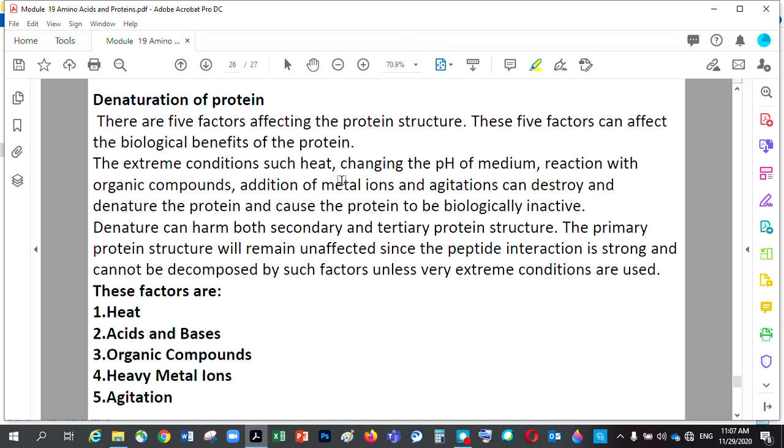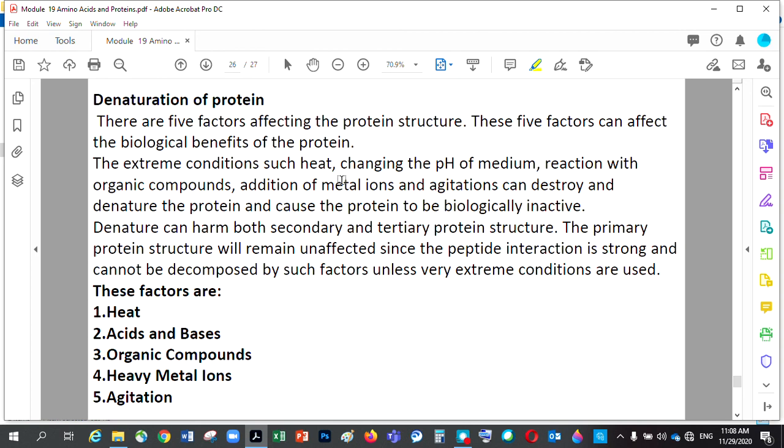Denaturing of protein. The protein will be denatured if we use very extreme conditions such as heat, changing the pH, interaction of the protein with organic compounds, adding heavy metals to the protein, or agitating the protein. All these five extreme conditions can affect the stability of the protein and can lead to decomposition if we use too extreme conditions.